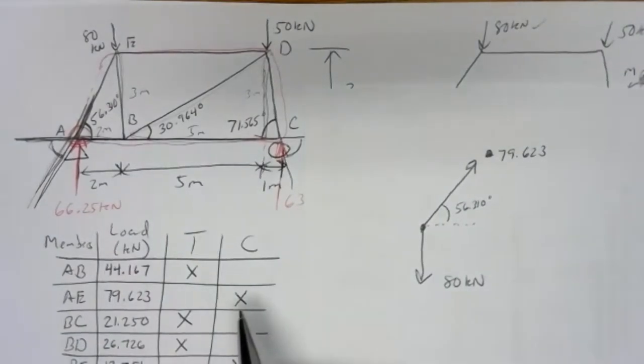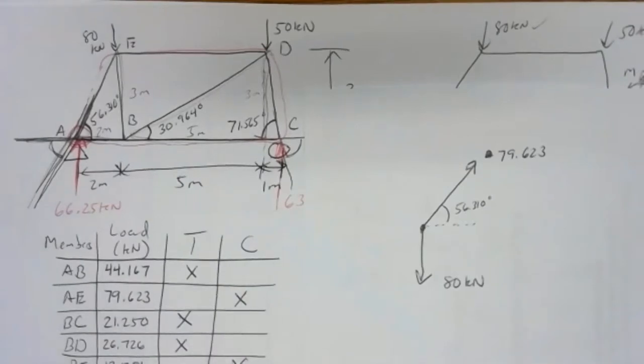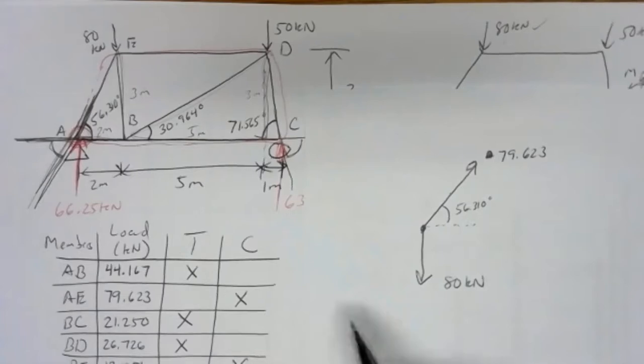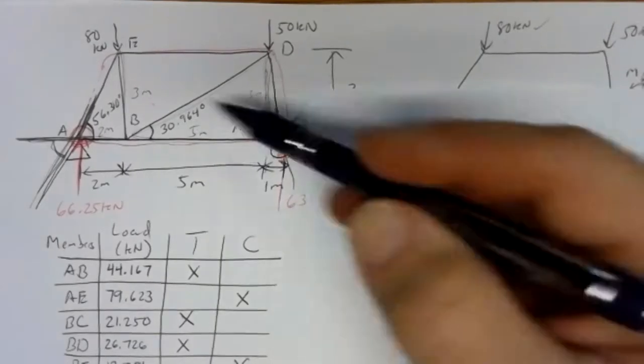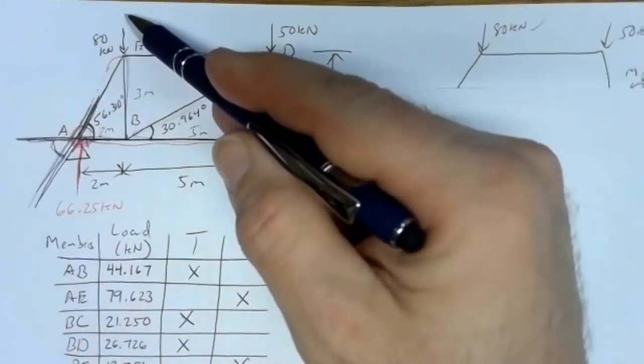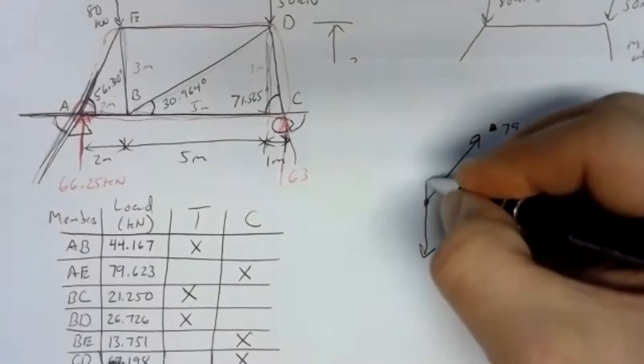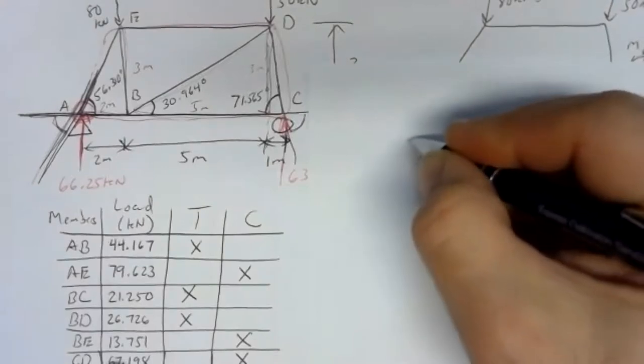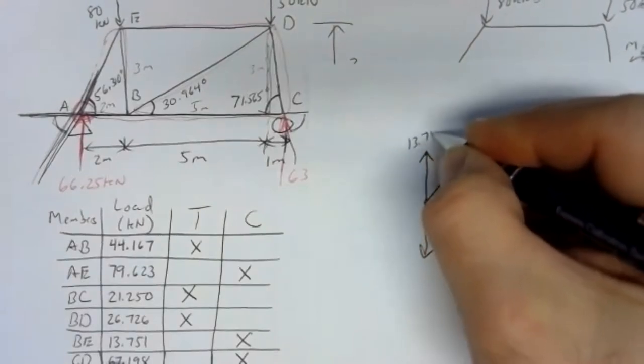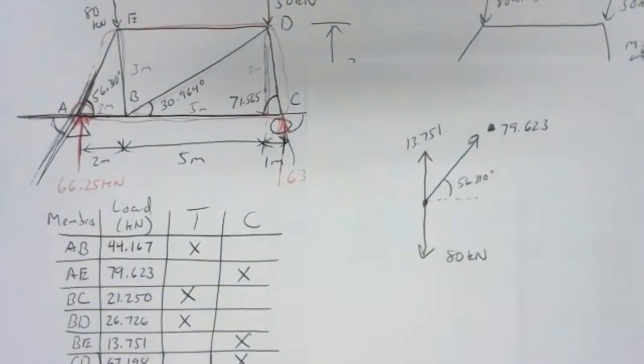Then we've got member BE. Member BE also carries a force in compression. So it's also pushing away. So joint E is being pushed up by member BE. So there's an upward force here of 13.751 kilonewtons.